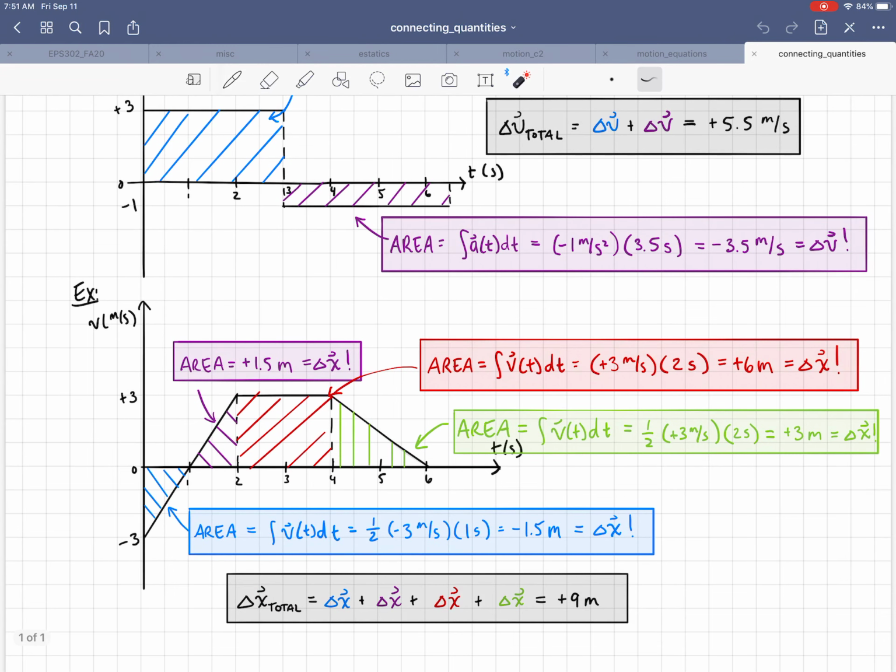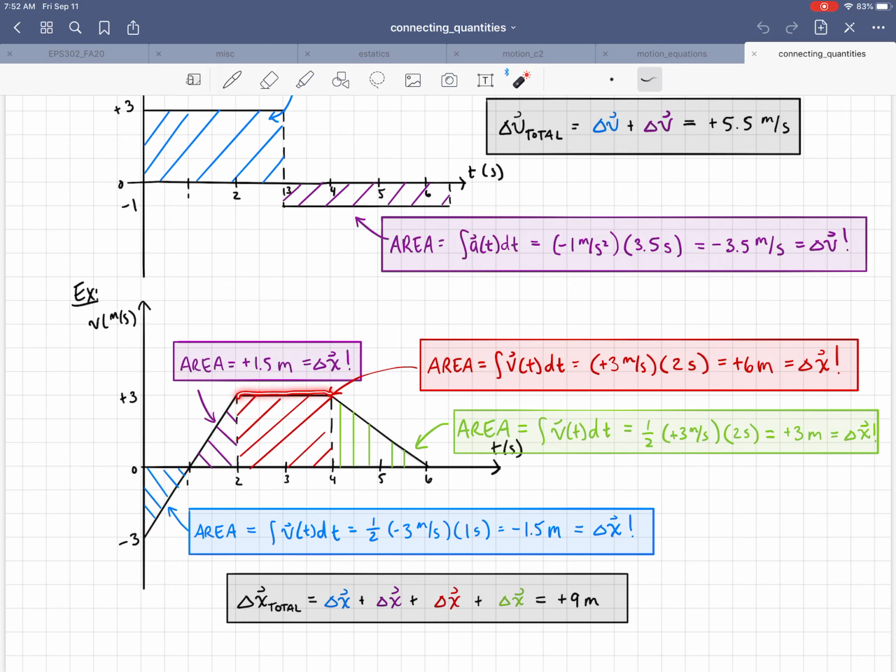What about a velocity versus time graph? So here I've got a velocity versus time graph. The object starts with an initial velocity of negative 3 meters per second and then accelerates in positive acceleration until reaching plus 3 meters per second velocity.